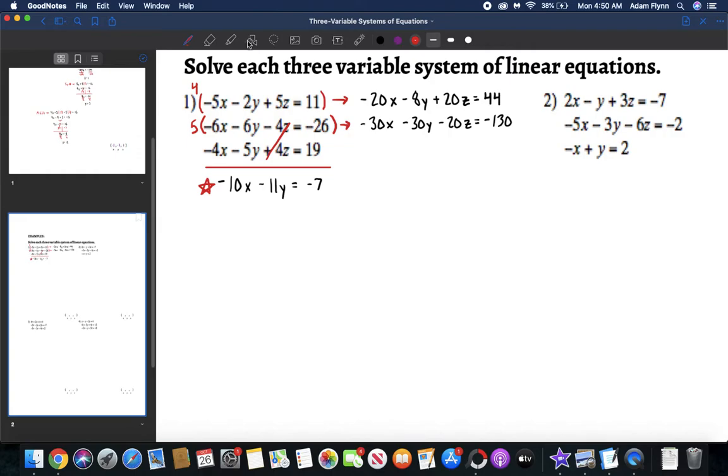So I'll combine these two equations. When I do that, my z's will eliminate. Negative 20x minus 30x is going to be a negative 50x.